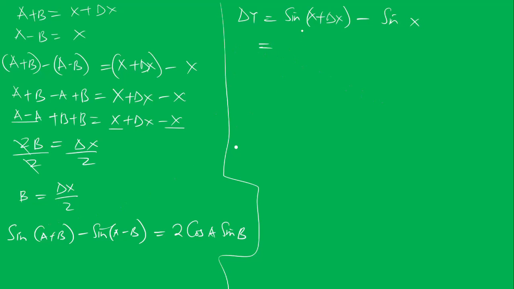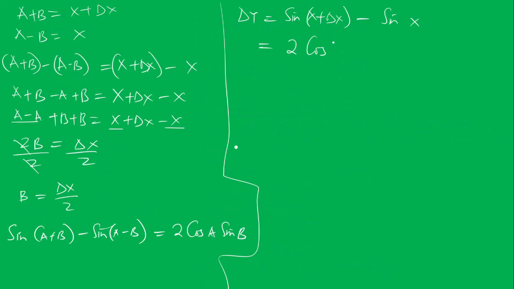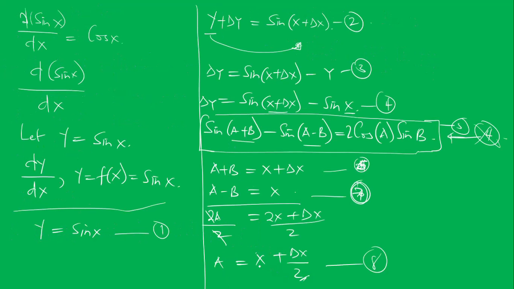Now applying this rule, sine x plus delta x minus sine x will be 2 cos, our a is what? Our a is x plus delta x divided by 2. So x plus delta x divided by 2 sine dx all over 2, which is b here. So b is this, while a is this.